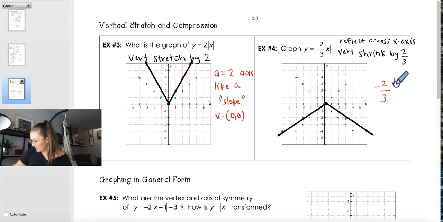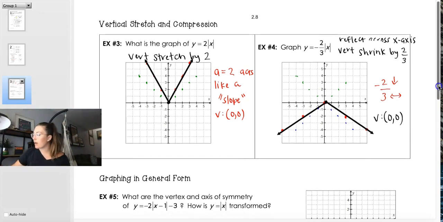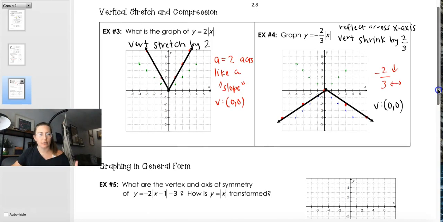So that means we're going down 2, right 3. Is that what happened from here? I went down, right 3, down, left 3, so we can still use that same idea. My vertex is still at 0, 0 because I did not shift right, left, up, or down. Hopefully you understand taking those y distances and then doing whatever the stretch or shrink is to it. That's how we're going to do it for our functions in the future as well.